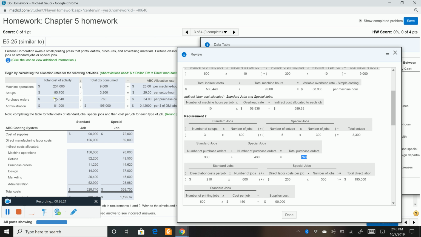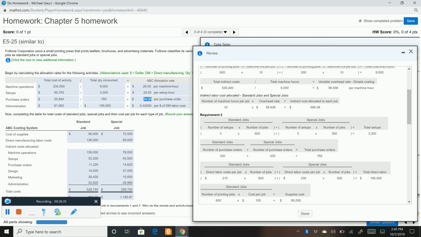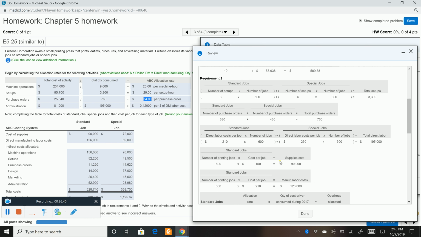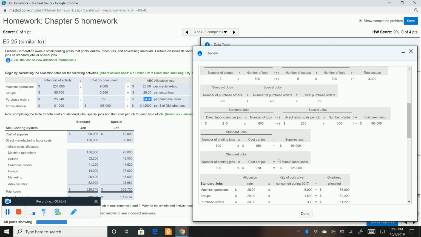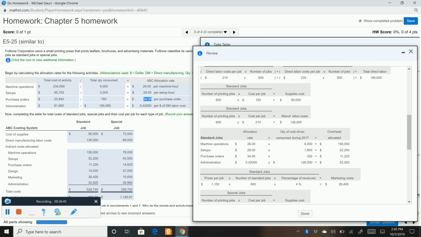So if we take the $25,840, which is the total cost for the purchase order process, divided by 760 purchase orders, that works out to $34 per purchase order. We're going to take that $34 per purchase order, and for the standard job, $34 times 330 purchase orders, or $11,220, will be allocated to purchase order costs for standard.